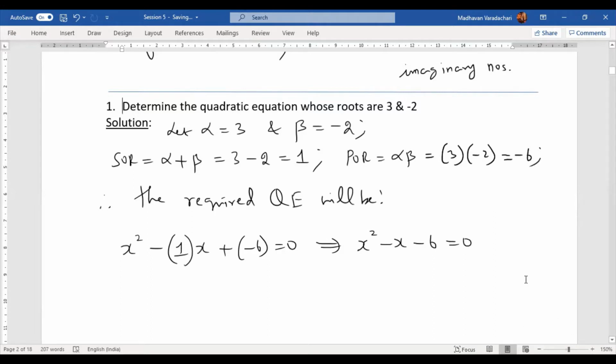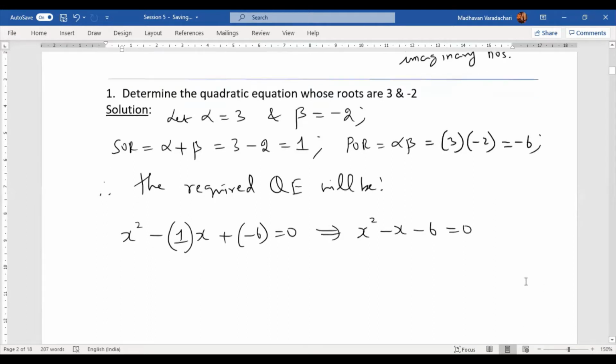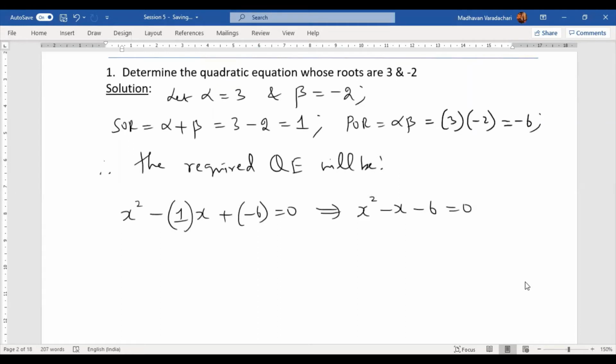Now, is it correct or not? We can even check. How? Considering this as a quadratic equation, let us find by using the formula method, do we get these two things as the roots? Let us check that. I'll say check. So here our a is 1, b is minus 1, c is negative 6.